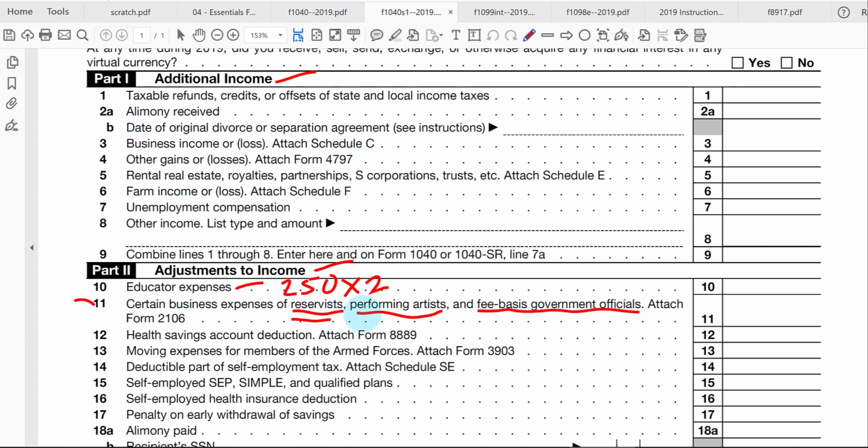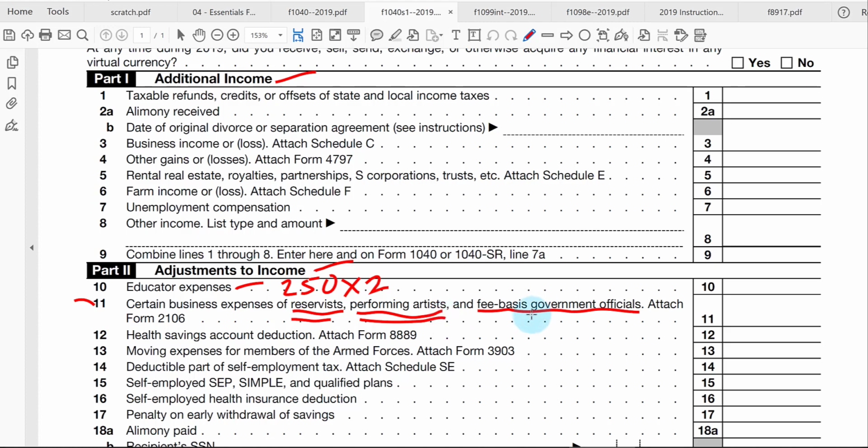In the case of performing artists, it's literally the proverbial starving performing artists, because you have to have, I think, less than 16,000 of taxable income for the year. Otherwise, if you have more than that, you cannot deduct any business costs.